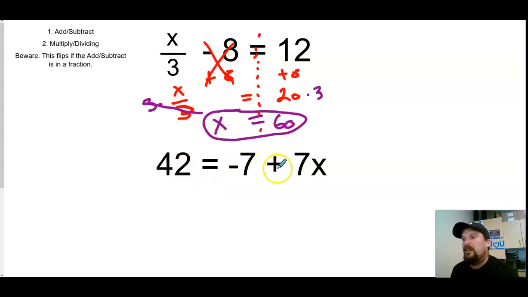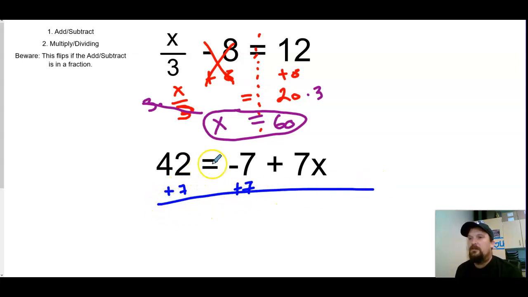Let's do it again. 42 equals negative 7 plus 7x. This addition is not in a fraction, so we're just going to do our regular two steps. First, add or subtract. We have a negative 7, and the inverse of a negative 7 is a positive 7, so we do that on both sides. 42 plus 7 is 49.